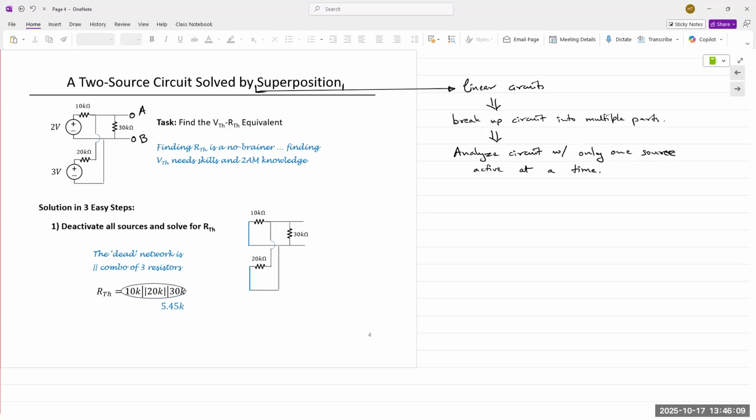I'm going to redraw this in a way that'll make it a little bit easier. This is A and this is B. Would you agree? Right? This is 2 volts. This is 10 kilo ohms. Then we have 30 kilo ohms on the far right somewhere.